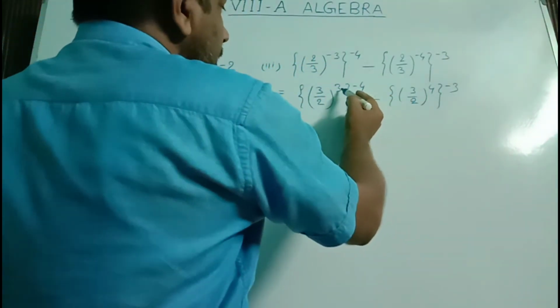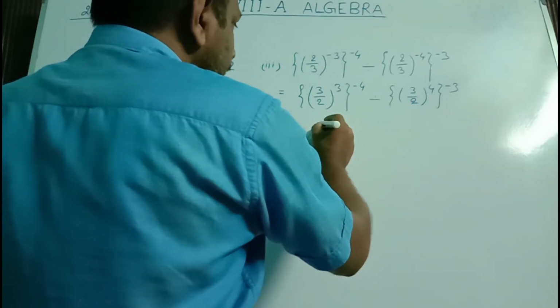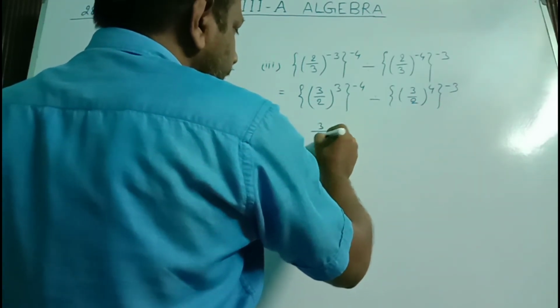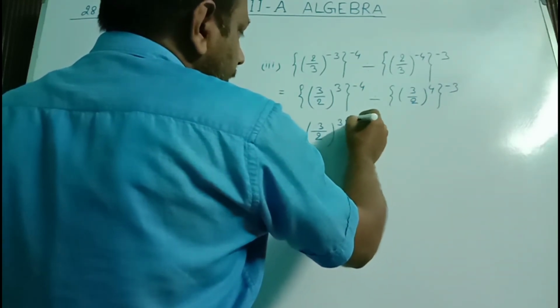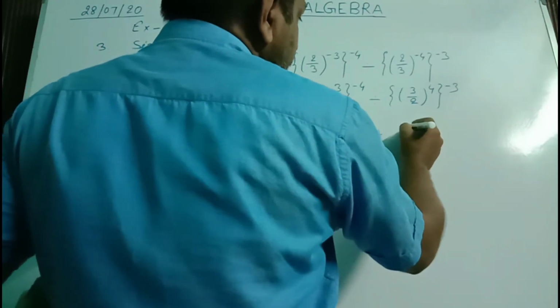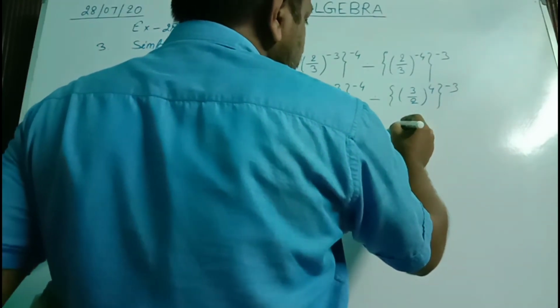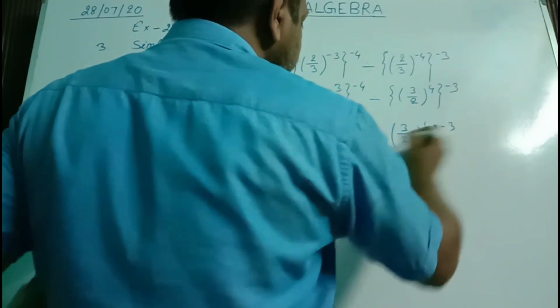We know power upon power, then those powers will be multiplied. 3 by 2 to the power 3 into minus 4, divided by 3 by 2 to the power 4 into minus 3.